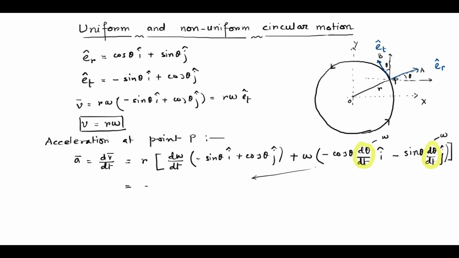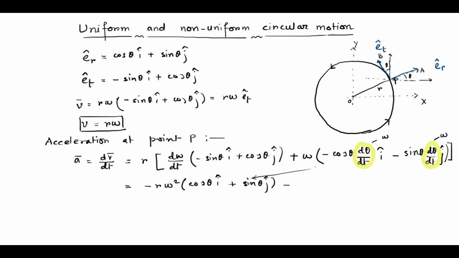If this omega comes out and here it is r, so minus r omega square (cos theta i hat plus sin theta j hat).